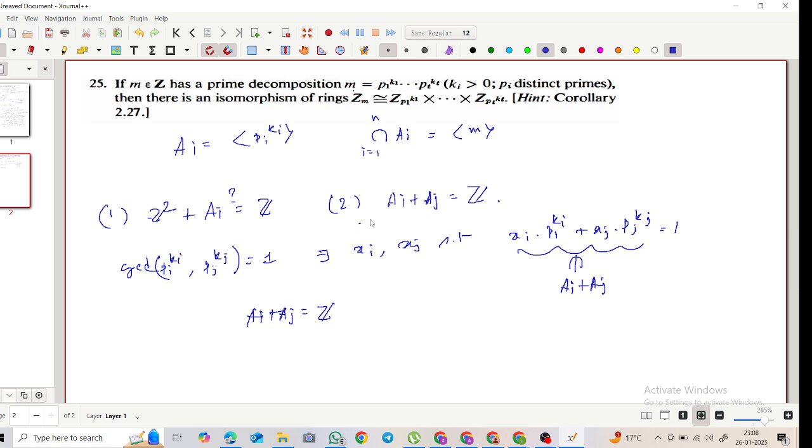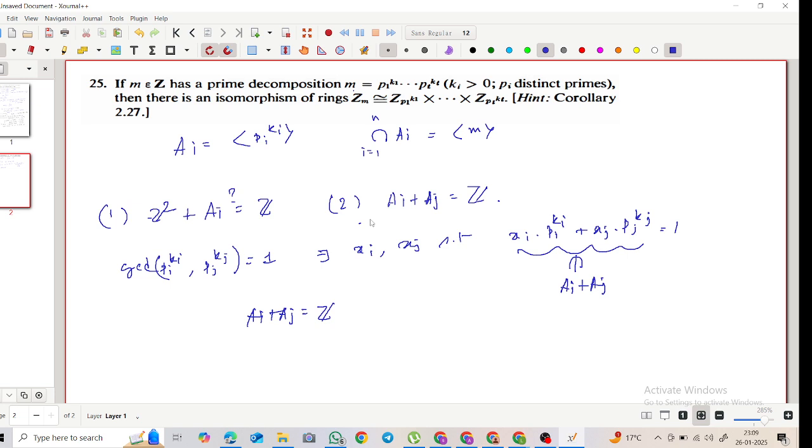What was condition 1? Again, you just have to check Z square, I hope you remember. You just have to check whether these are co-maximal or not. So this is not very tricky to check.